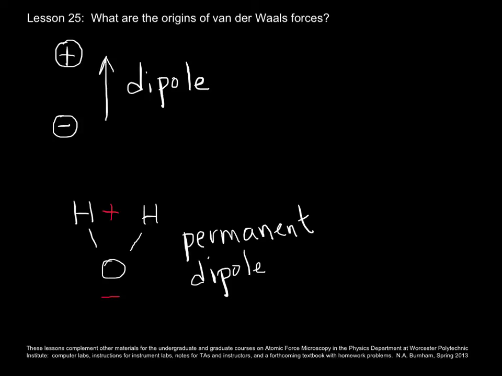As far as temporary dipoles are concerned, an example would be the atom of neon. So it has a positive nucleus, and you can think of the electrons roaming around it as like a cloud of electrons. When there's no electric field acting on the neon, then that electron cloud is symmetric and centered on the neon nucleus.